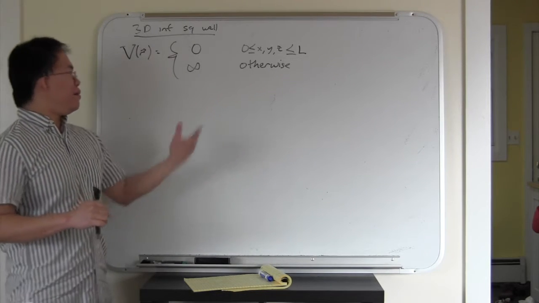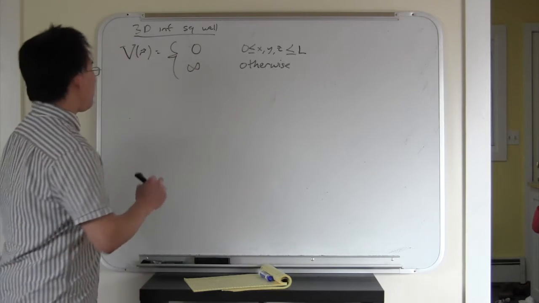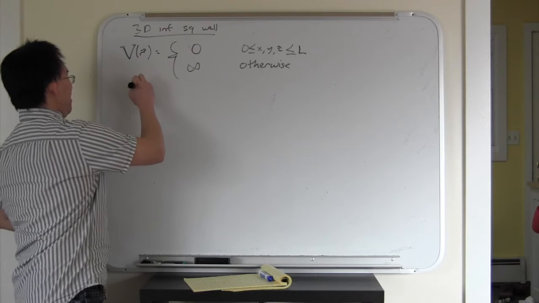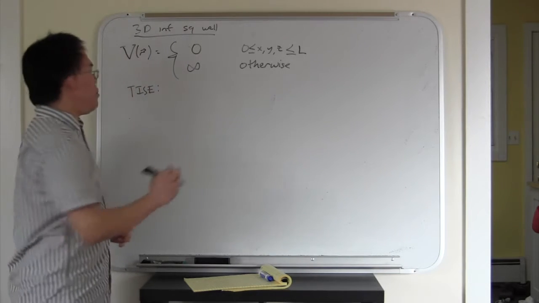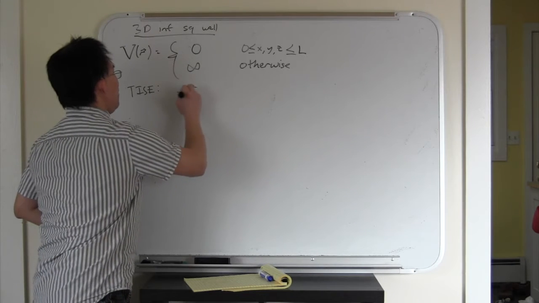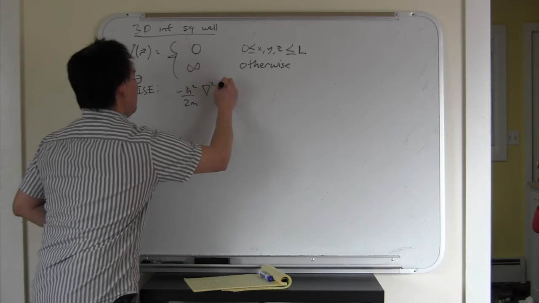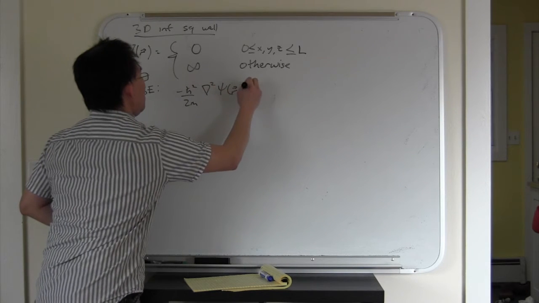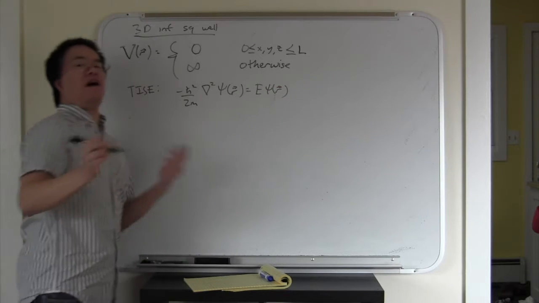Now, in the region where the wave function is non-zero, the TISE becomes minus h bar squared over 2m del squared psi of r equals E psi inside my box.